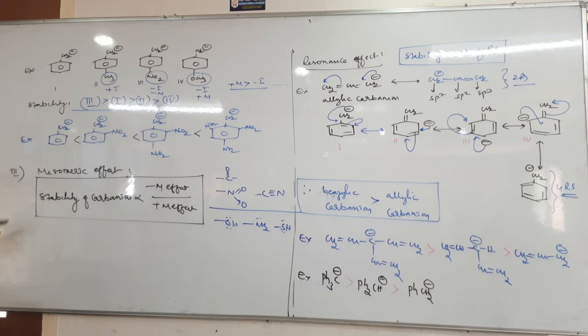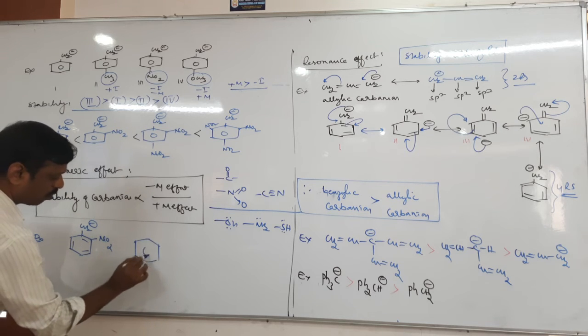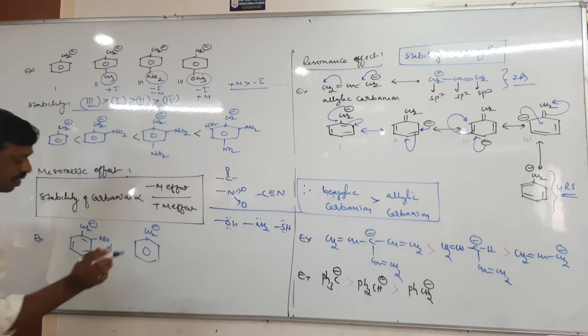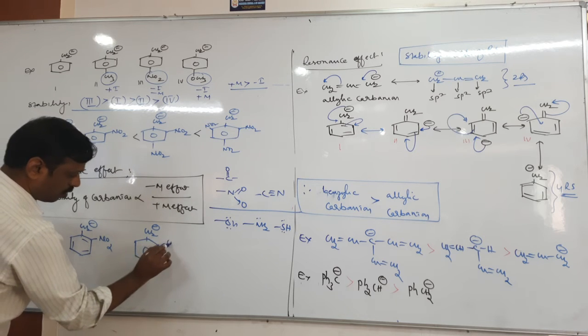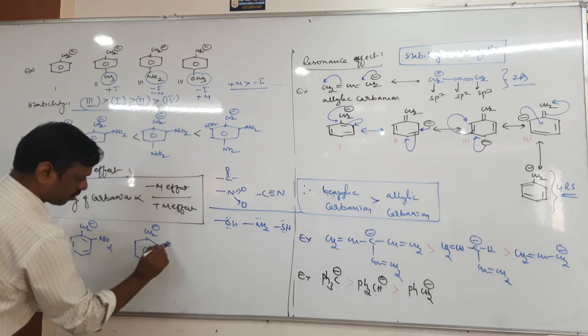Okay, now here we want stability directly proportional to minus M effect. For example, let us take the same example here. This is because of plus M only. Okay, anyhow, one example. So it is a benzyl carbanion having NO2, benzyl carbanion having methyl or methoxy.